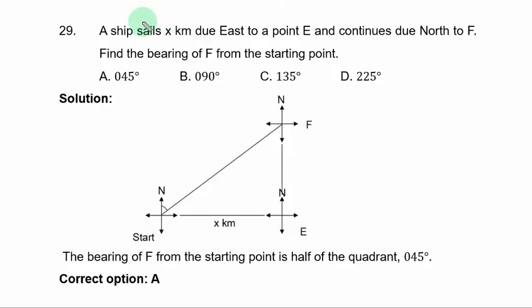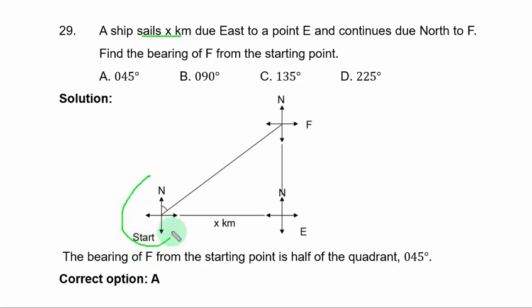29. A ship sails S kilometers due east to a point E and continues due north to F. Find the bearing of F from the starting point. This is the starting point.